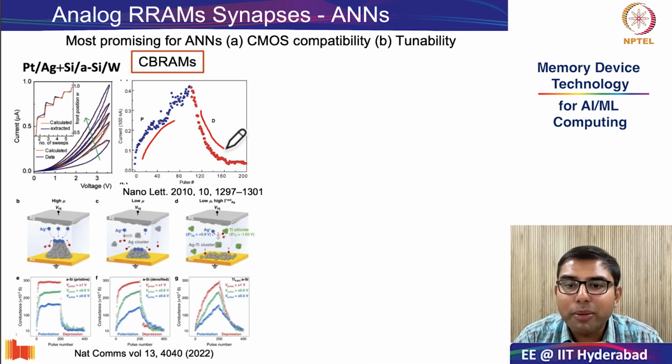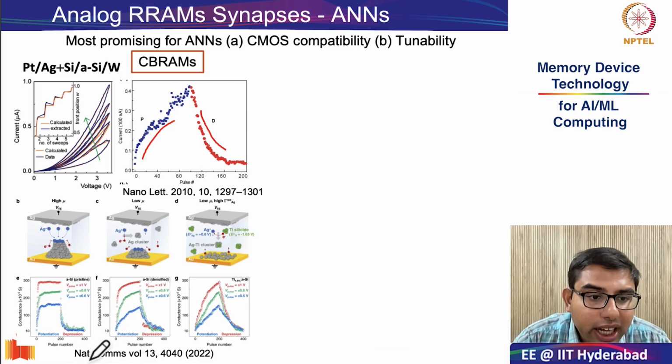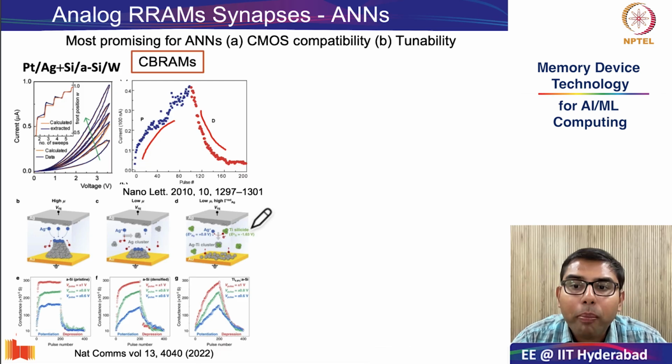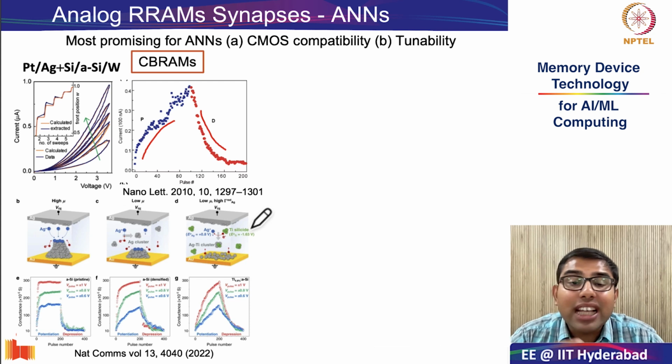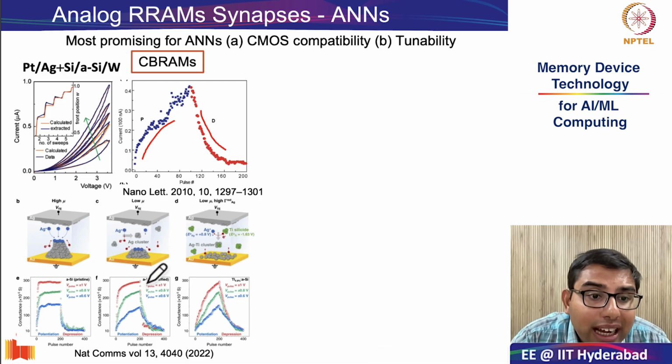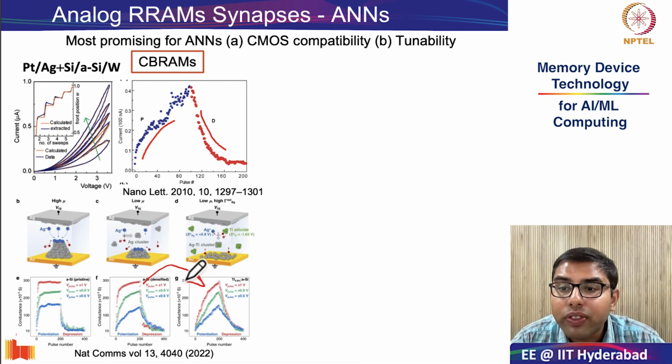However, what is most important is that this kind of ion migration behavior can be made very smooth and analog through materials engineering, as has been shown in this particular work, where by carefully tuning the ion mobility and oxide defect density, we can suppress abrupt switching and achieve more linear behavior in the incremental weight updates.